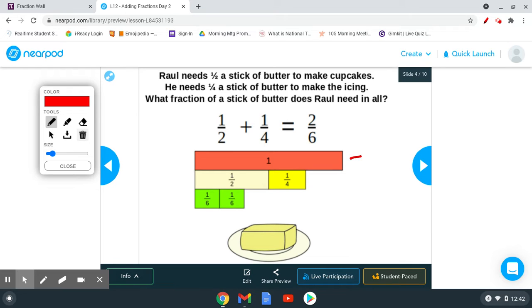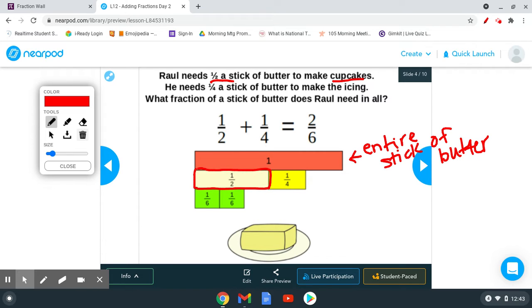So this piece right here, the one whole, represents an entire stick of butter before it was cut. So this white piece, because it says half a stick is for the cupcake batter, so you can see they cut half a stick of butter, and they use that for the batter.